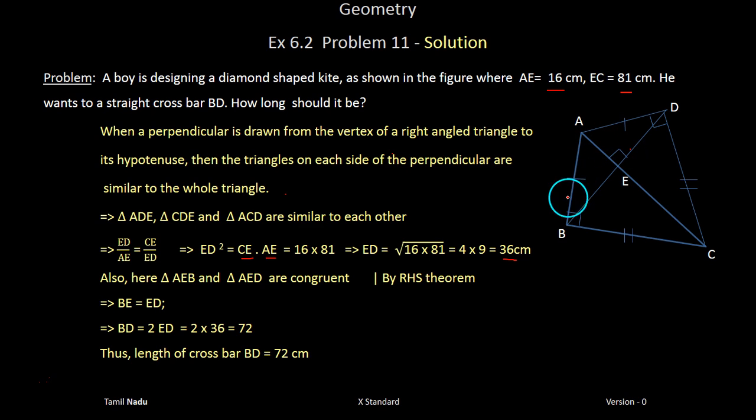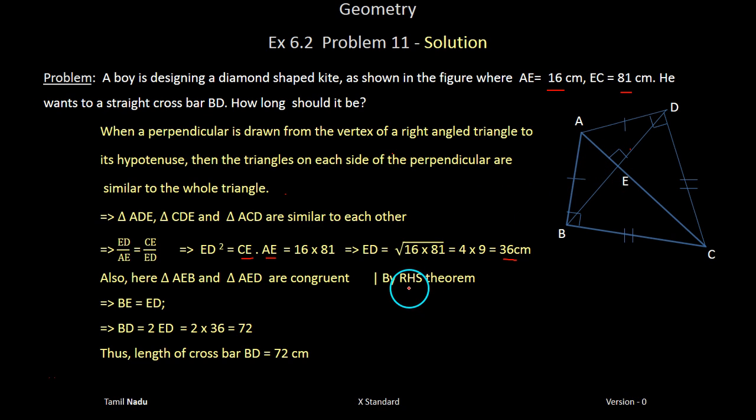Now come to these two triangles, ABE and ADE. You can see AE is common for both, the hypotenuse is also equal, and it's a right triangle. If this is a right angle, this is also a right angle, right? Because the angle of a straight line is 180 degrees. So this is 90 degrees, which means this is also 90 degrees, right?